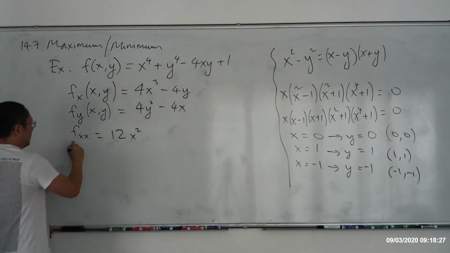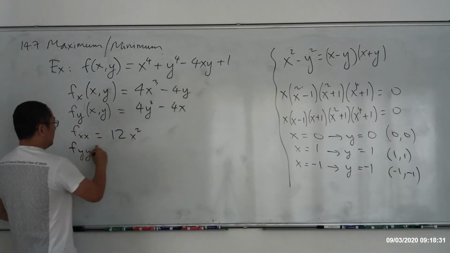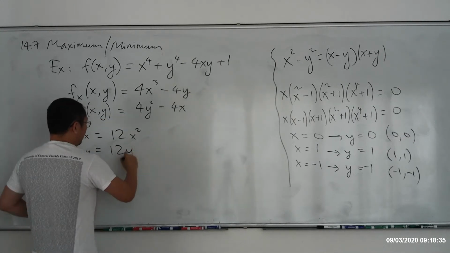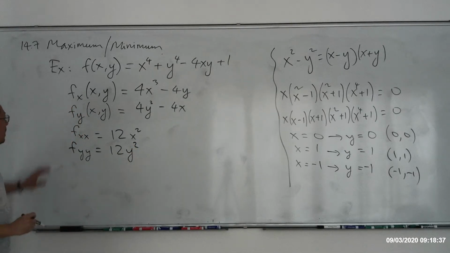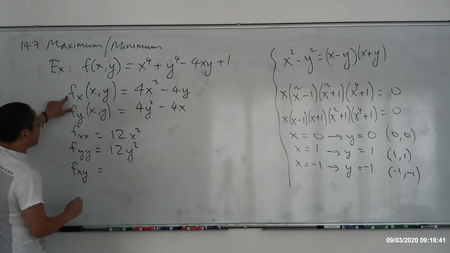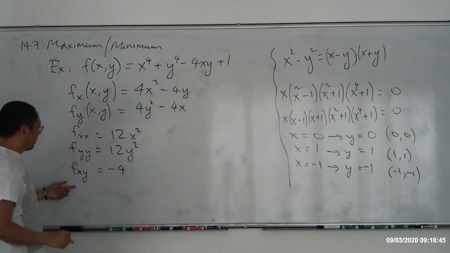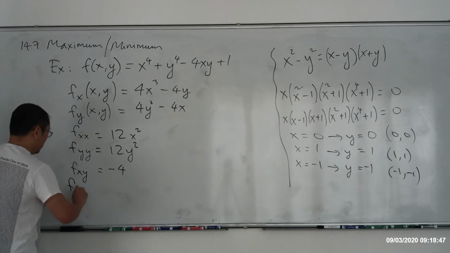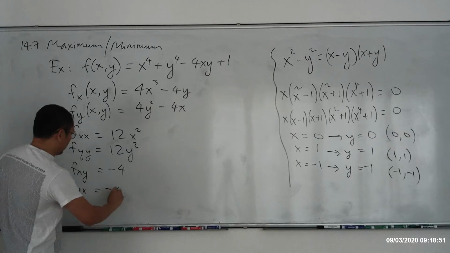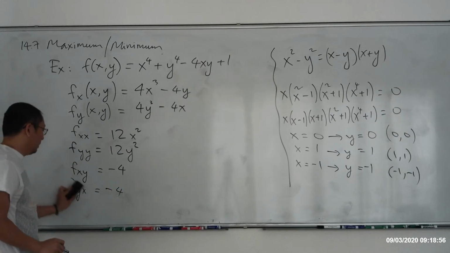Now calculate fyy. fy right here, fyy is going to be 12y squared. And then we're going to calculate fxy. fx right here, the derivative with respect to y is going to be negative 4. And you can calculate fyx if you want to. fy right here, the derivative with respect to x is going to be negative 4 as well. So I told you, the last two are going to be the same. So technically you don't have to calculate them both, just one is good enough.